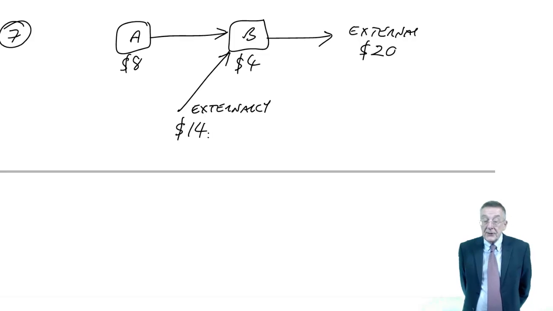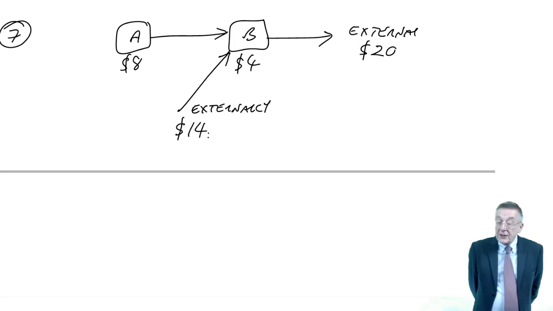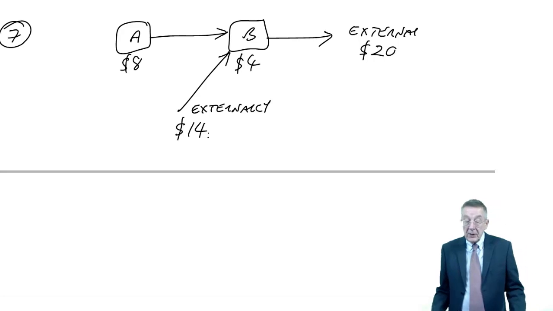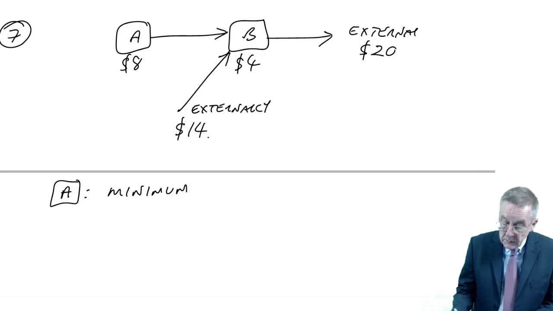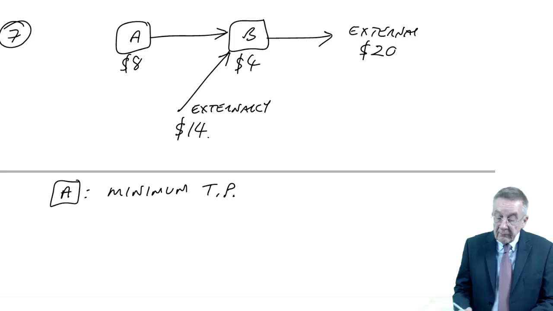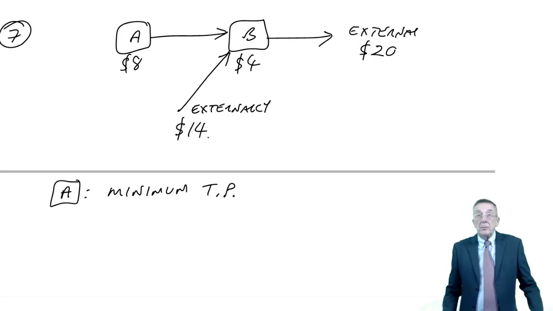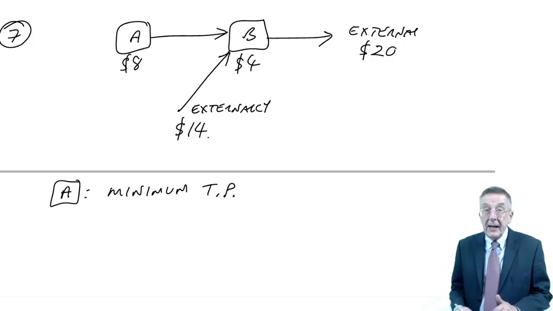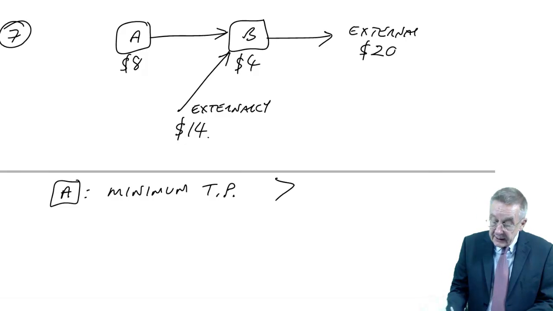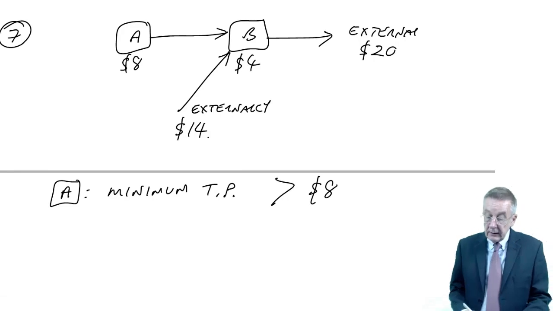And the question again is, what's a sensible range for the transfer price? Again, look at the 2 divisions separately. Division A fixes the minimum. And there's no production limitation or anything here, and so they're prepared to sell to B, provided they get at least $8 a unit.